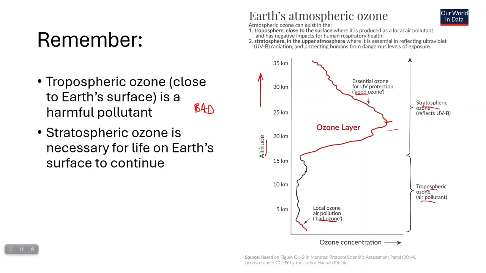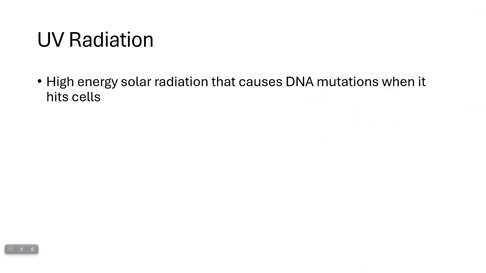Up there, nobody is up there to breathe ozone. There aren't any organisms living up there, maybe only some scattered bacteria floating. And so there's not really anything to be harmed up there by ozone. And it does a very important service for us, which we'll talk about in a minute.